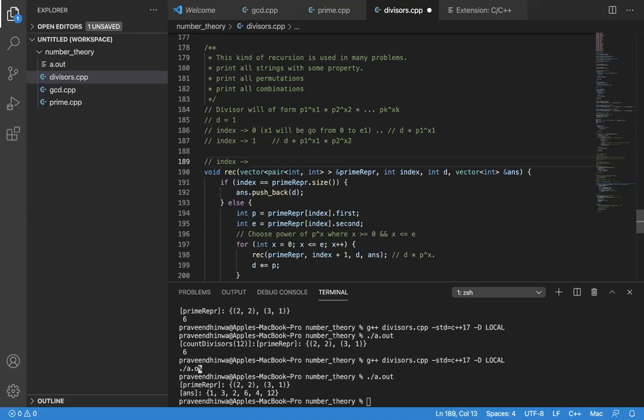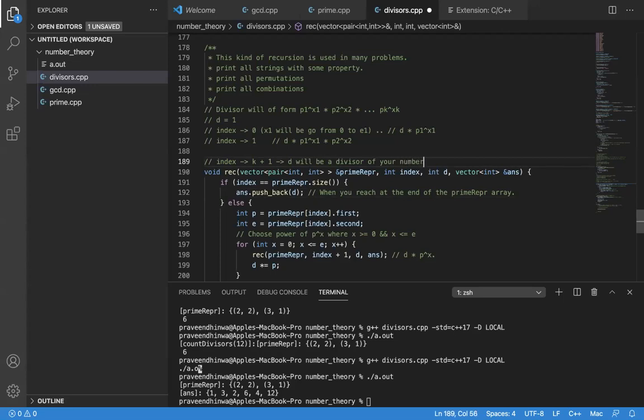If your size is k, you'll reach position k plus 1, and then this line, answer dot push_back, will be executed when you reach the end of the prime array. Then whatever your d is will be a divisor of your number n.